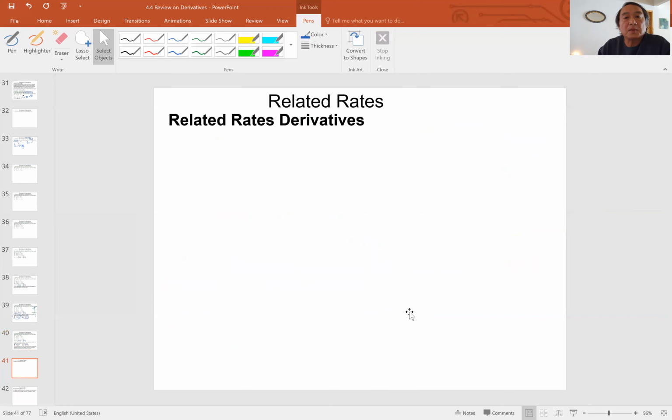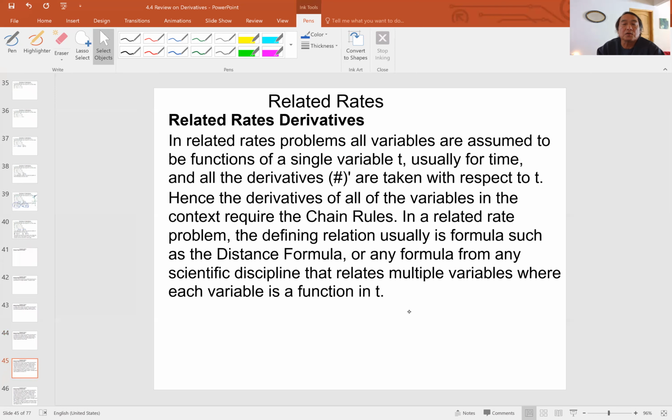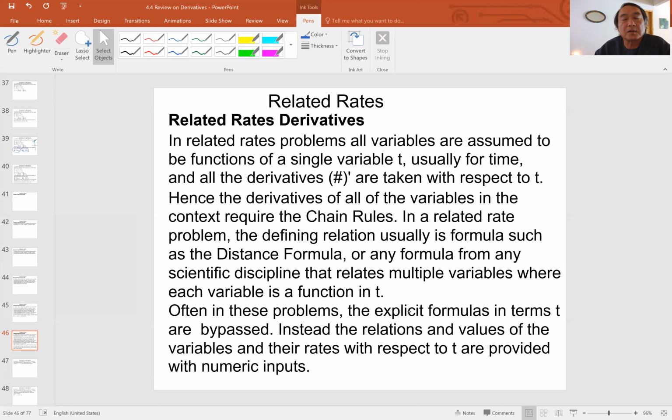Okay, next, related rates derivatives. This is where we have all the variables actually a formula in T. It's not given as a formula in T, but we just assume everything changes according to time, and then we use chain rule to be able to calculate the derivatives of one of the letters, okay, X, Y, or Z, you name it, you pick one.